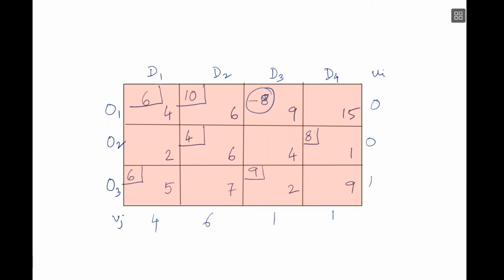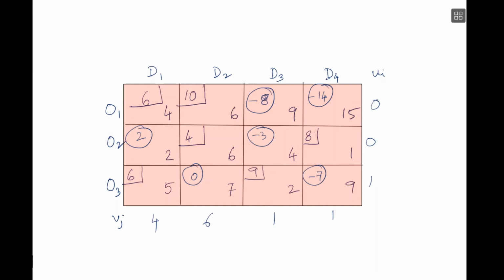It will be 1 minus 15, that is minus 14. It will be 4 minus 2, that is 2, still positive. 1 minus 4 minus 3, 6 plus 1 7 minus 7 0, and 1 plus 1 2 minus 9, that is minus 7.